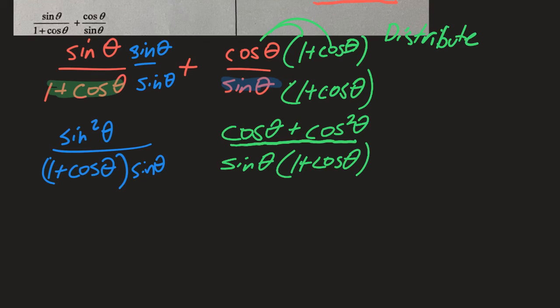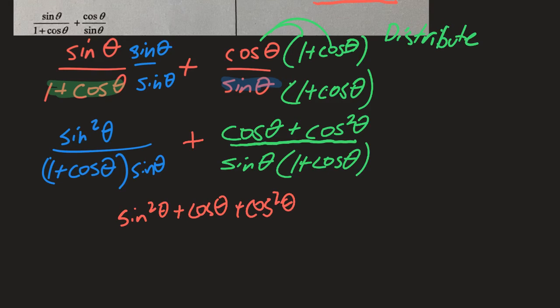Okay, and let's see what's happening now, right? These were both added together. Let's see if there's something we can get when we make it a single fraction. So I'm going to rewrite this all as one fraction. Sine squared theta plus cosine theta plus cosine squared theta.